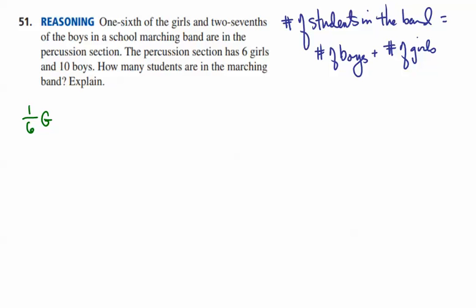So 1/6 times G, being the number of girls in the band, is one thing we know, and are in the percussion section. And we also know that there are 6 girls in the percussion section. So both of these are two different ways of stating the number of girls in the percussion section.